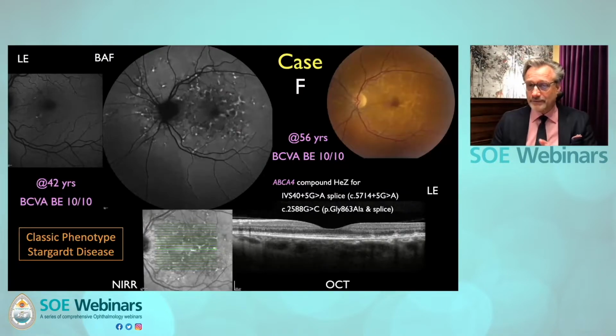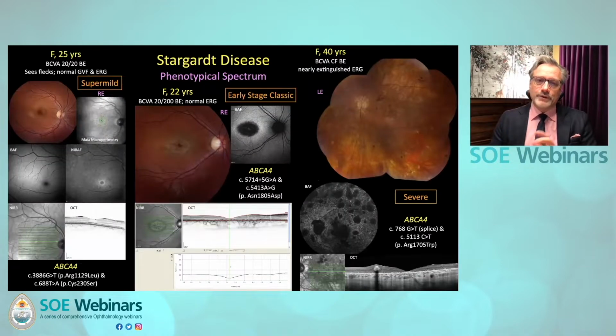A classic phenotype of Stargardt disease is seen in this lady who presented with the condition later in life, but it still is very classic. You can see the flecks, you can see that they focus in the macula and around. But you can have other types of Stargardt disease.